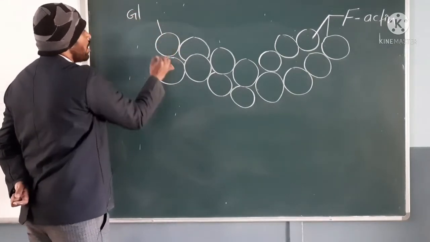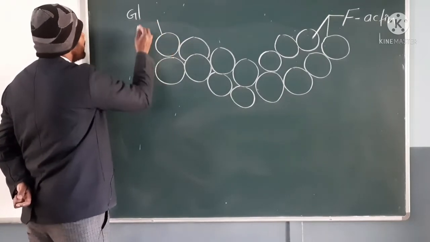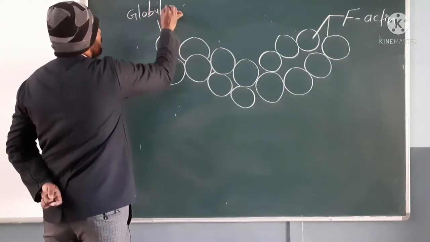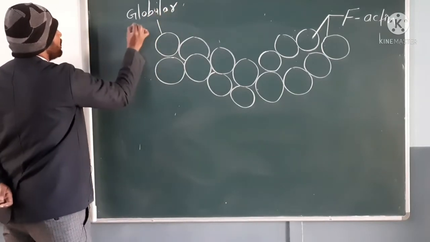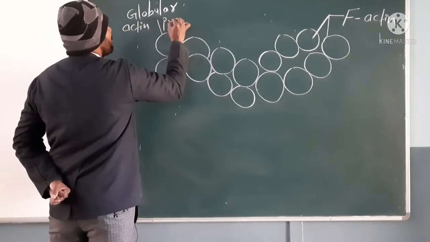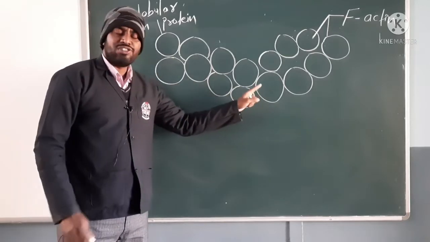So each singular round-shaped protein structure you are seeing here is globular actin protein.